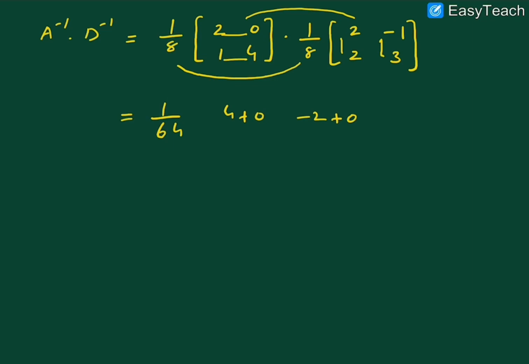Similarly, this row will multiply with the first column. 1 into 2, 2. 4 into 2, 8. Again, the second row of the first matrix multiplies with the second column of the second matrix. So 1 into minus 1 will be minus 1. 4 into 3 will be 12.